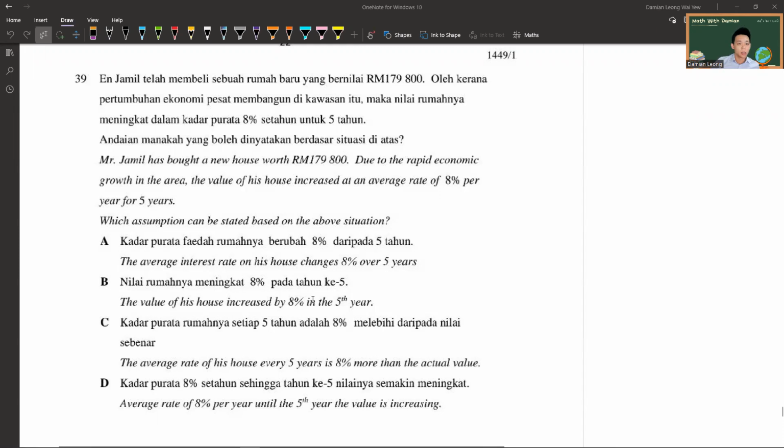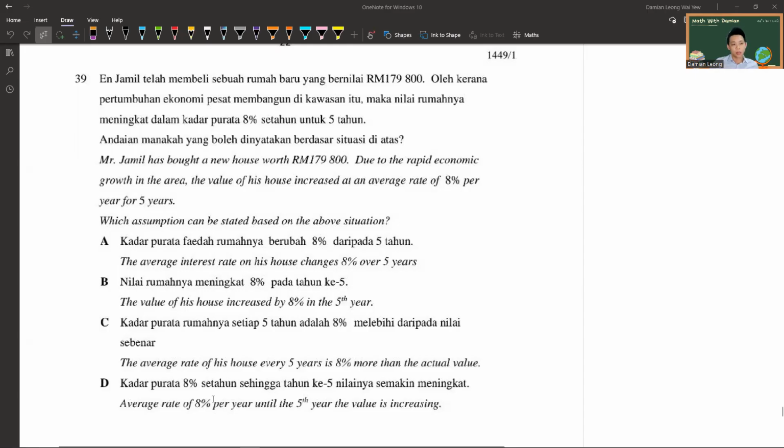Then value of the house increased by 8% in the 5th year, also definitely wrong. It's not just the 5th year. The average rate of his house every 5 years is 8% more than actual value. Every 5 years shouldn't be right as well.